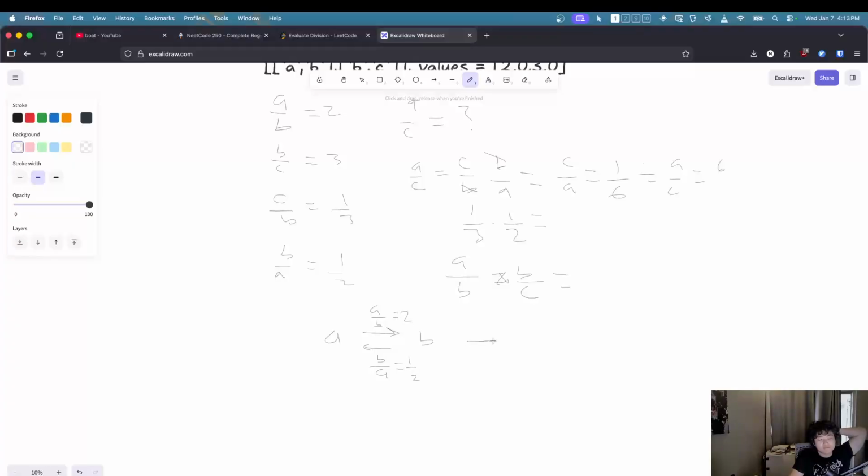And then do that for C as well. So this is saying B over C, which is equal to 3. This is C over B, which is equal to 1 over 3.